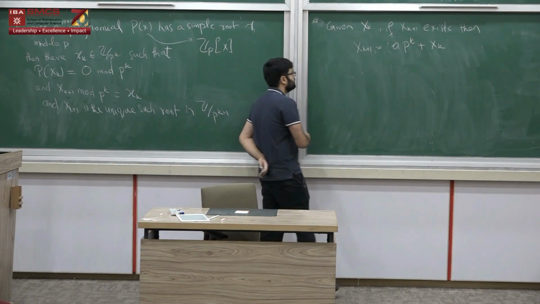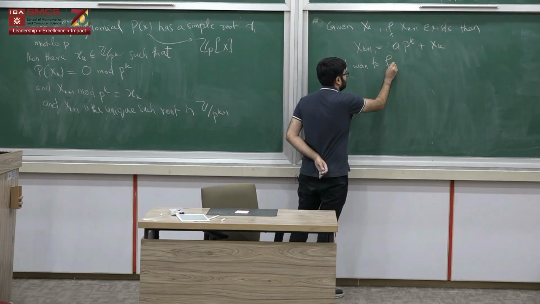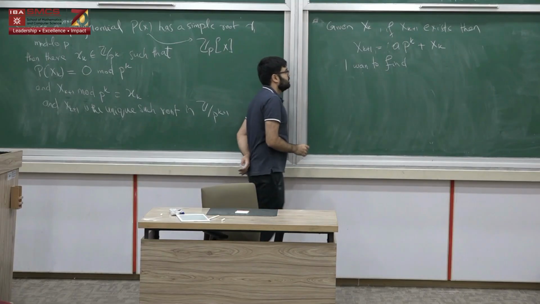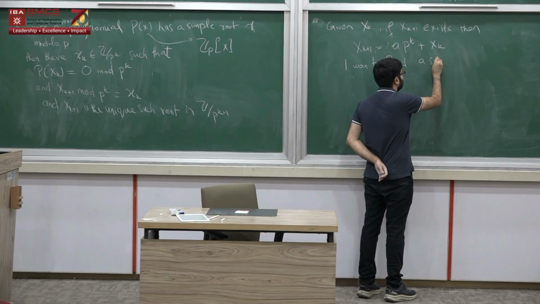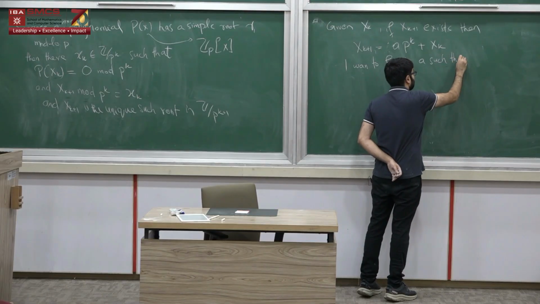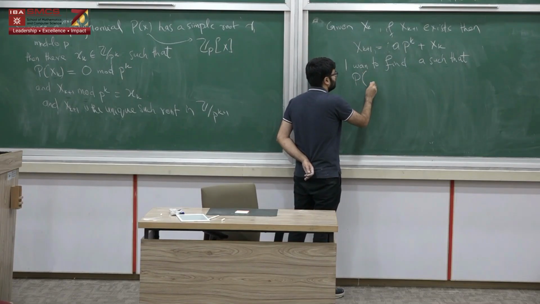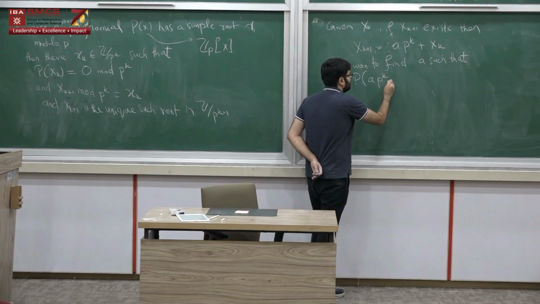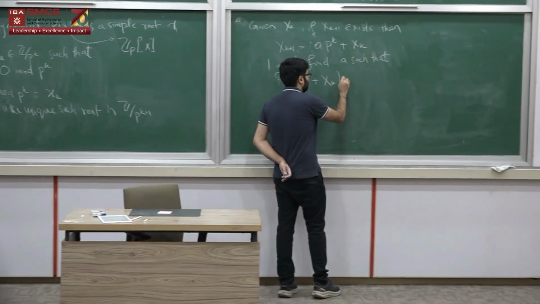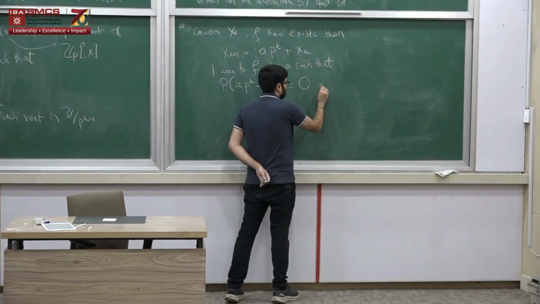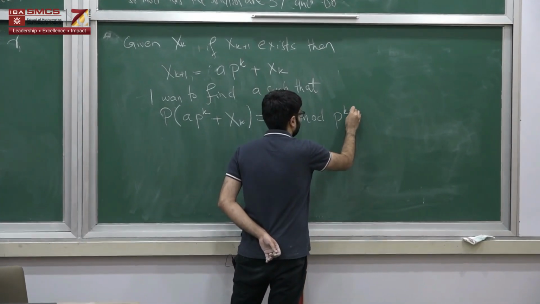So what I want to show is I want to find A such that P of A is equal to 0 mod p to the k plus 1.